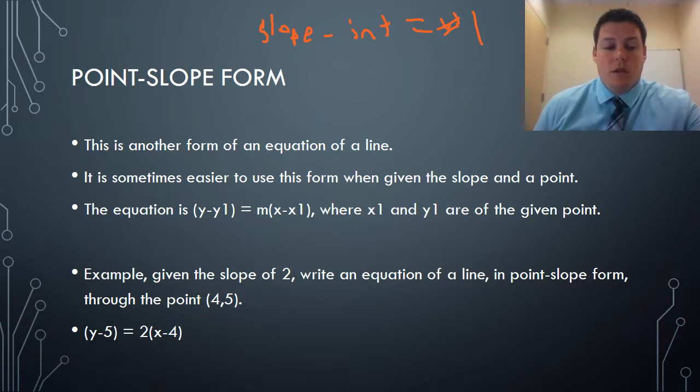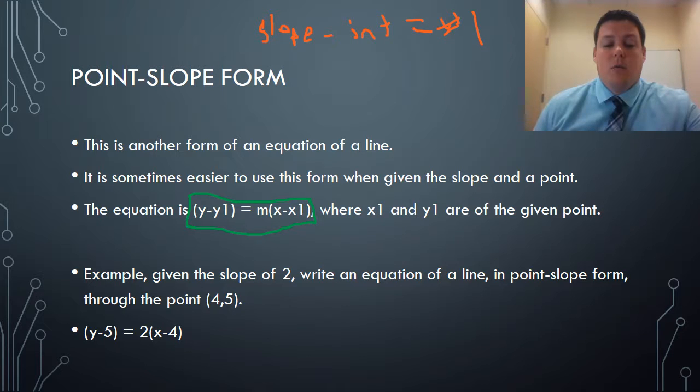So here is the form. It's y minus y1 equals m times the quantity x minus x1, where x1 and y1 are that given point. So below I have an example.